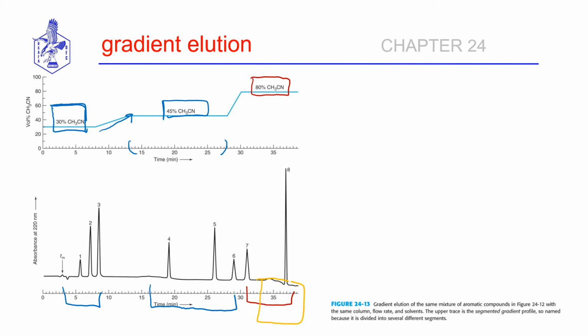I'm getting my separation done in about 37, 38 minutes, as opposed to the isocratic elution, which required 120 minutes to get peak 8 off. So gradient elution is a very powerful tool that is used in liquid chromatography to tweak the eluent strength of the separation as a function of time so that we get the best resolution in the least amount of time possible, generating the least amount of waste.